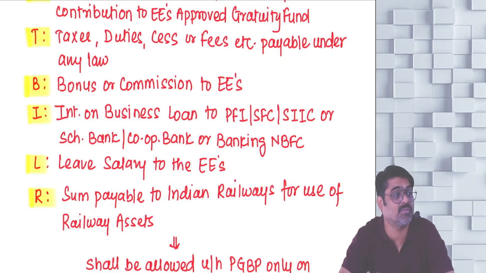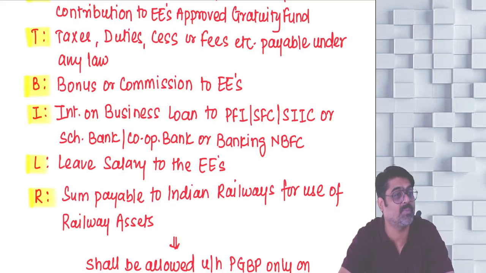But if the interest is payable to specified lenders, public financial institution, state finance corporation, any state industrial investment corporation, then any scheduled bank, any cooperative bank, any banking NBFC, these are what? Specified lenders. To these lenders, if you are paying the interest on your business loan, then that interest on loan will be allowed as a deduction, but subject to 43B.